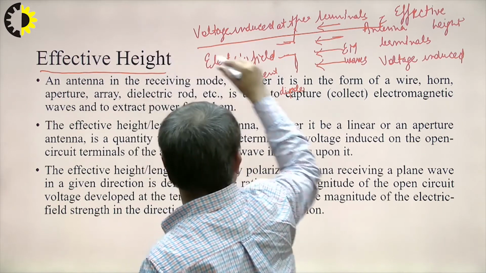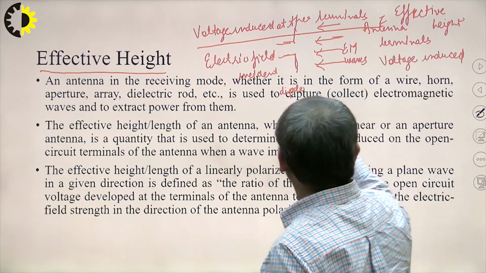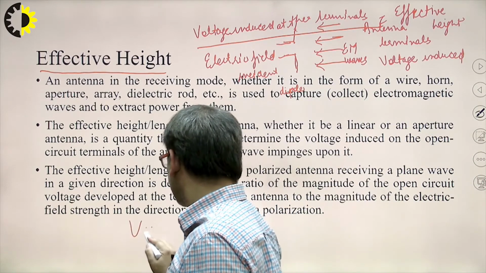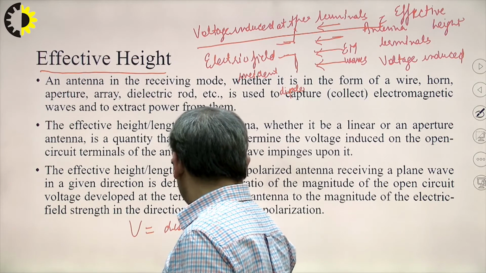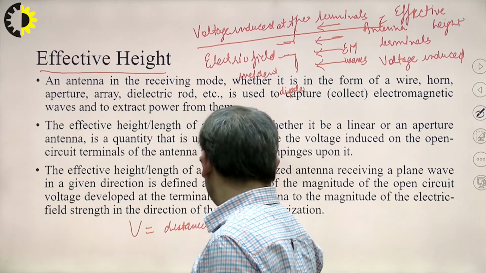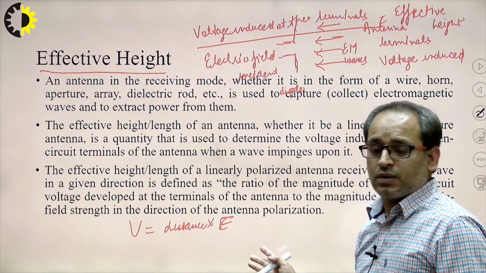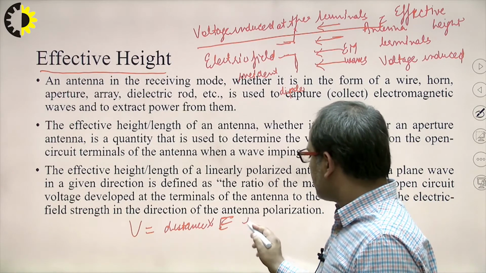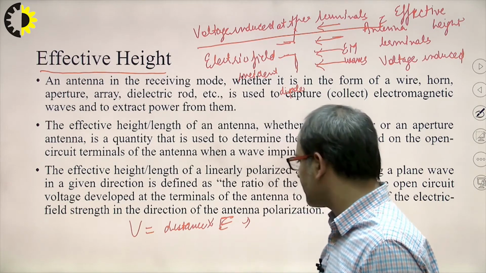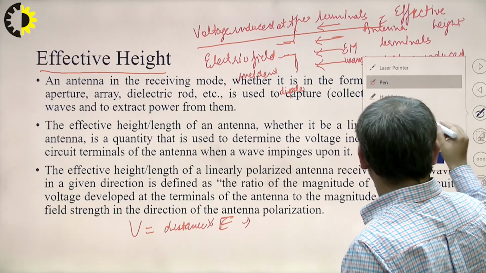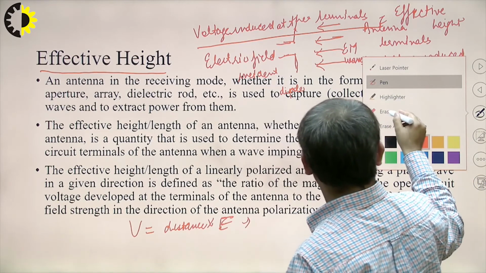We already know that V equals distance multiplied by E. This is a physical formula which we knew in class 11th also. This is a voltage, this is a distance multiplied by E. Clear? And if I say this is the distance or H.